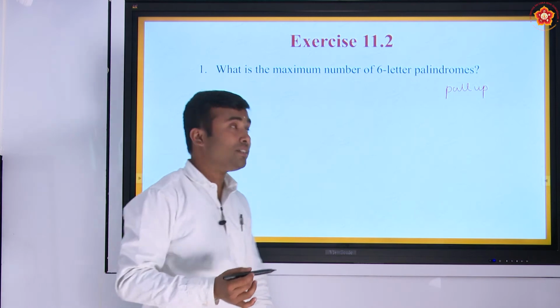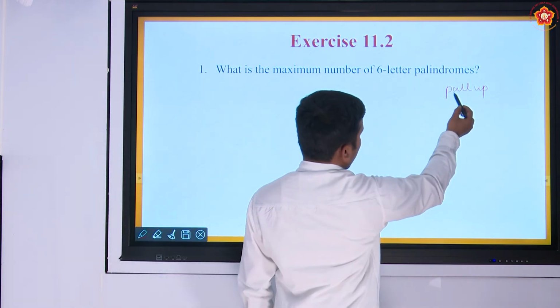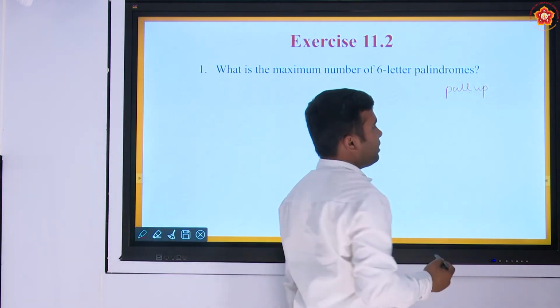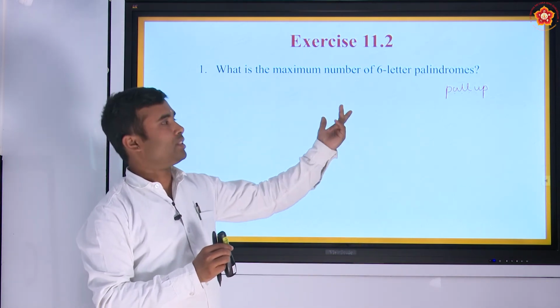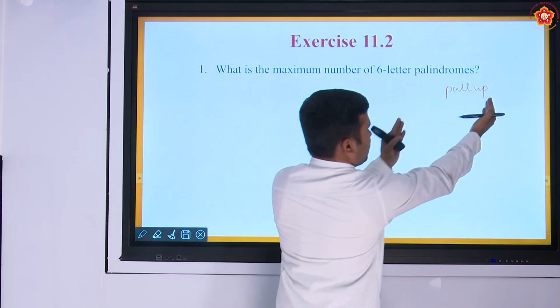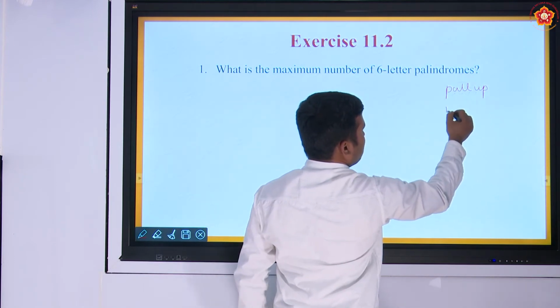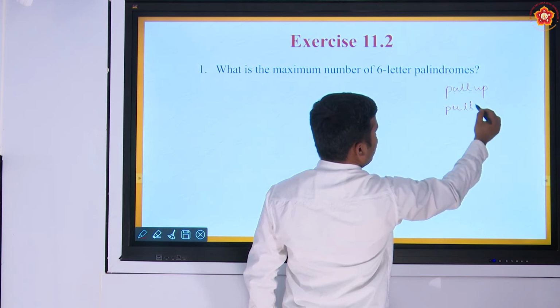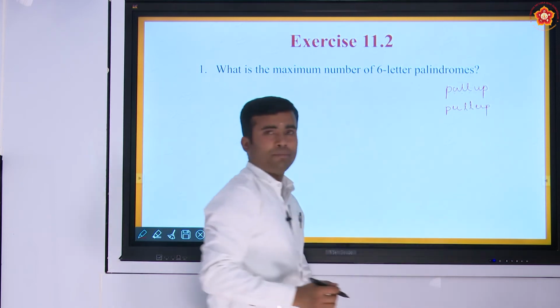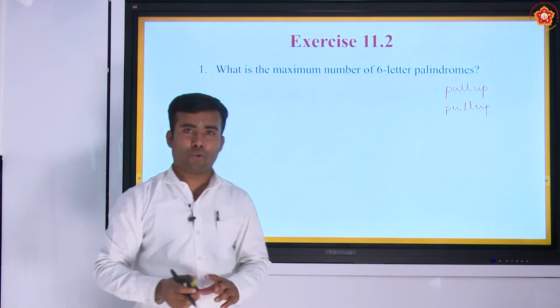How many letters here? There are 6 letters, 1, 2, 3, 4, 5, 6. Now, you can read pullup in reverse, P U L L U P. The word is the same, that is called a palindrome.